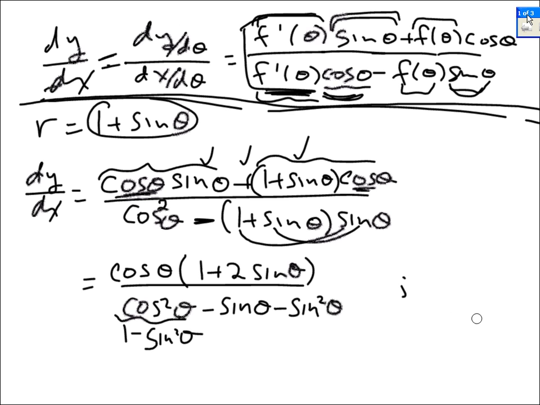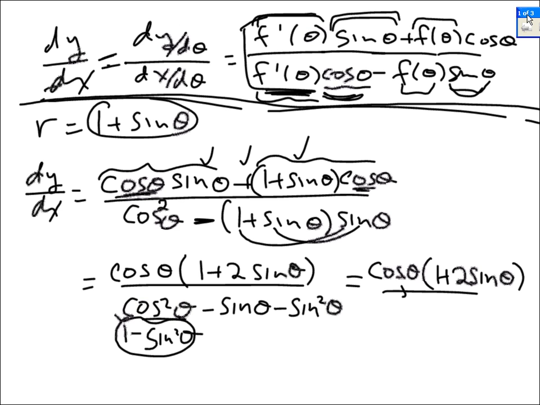Okay, so let's continue cleaning this up. The numerator is cosine theta times 1 plus 2 sine theta. The bottom is 1 minus sine squared theta minus another sine squared theta. That's 1 minus 2 sine squared theta minus sine theta.